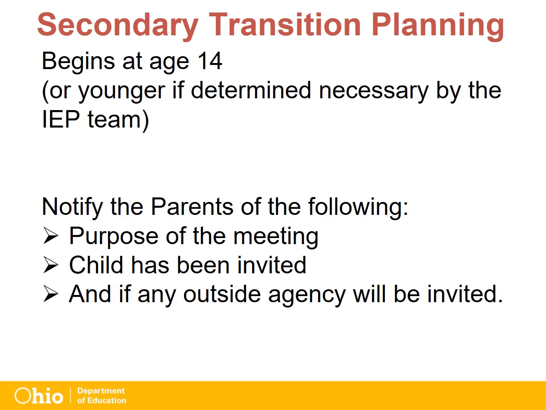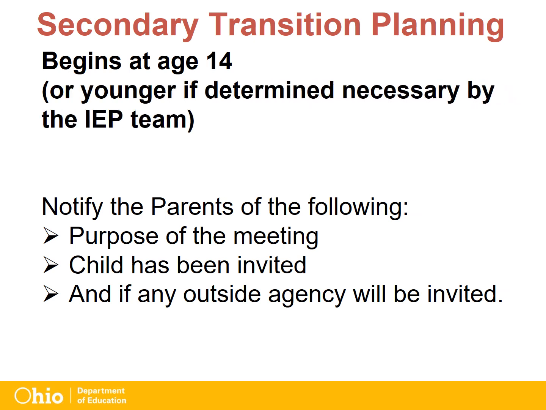In Ohio, all elements for secondary transition planning must be included within the IEP that is in effect when the child turns 14. The IEP transition plan elements can be completed before age 14 if the IEP team determines it to be necessary for the student.